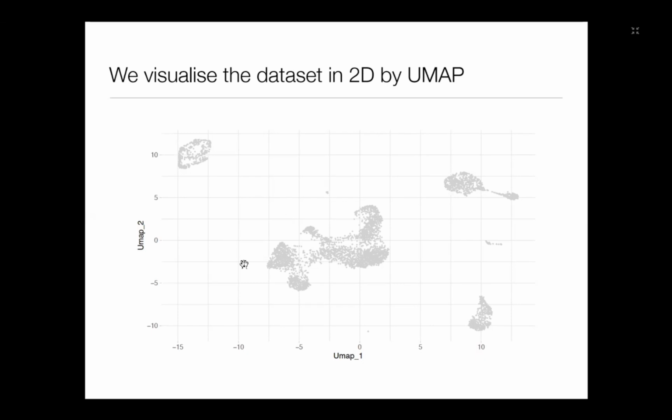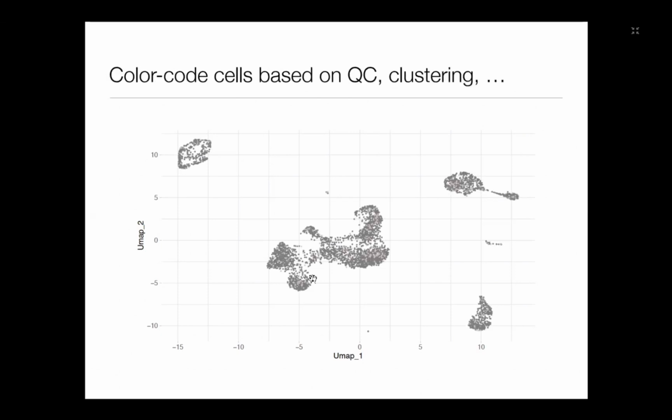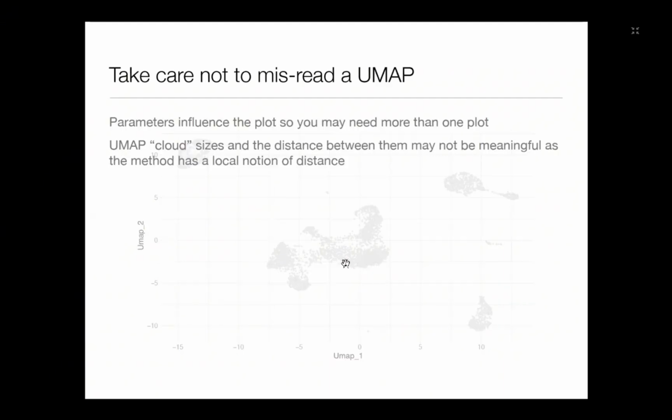And ambiguous regions. Because we have a 2D representation, we can color the cells based on the qualities we know. For example, the sample they came from, so the 10x or the SMART-seq sample. And here you see that the cells colored in gray and in kind of pinkish nicely overlap. And actually, the secret here is batch correction. There are some things to take care of when you look at the UMAP.